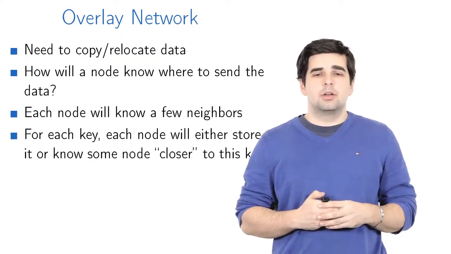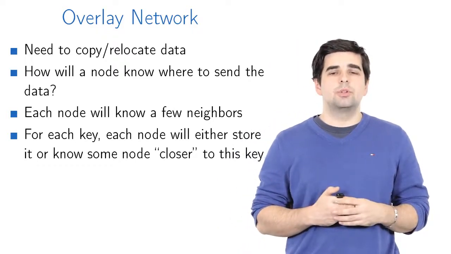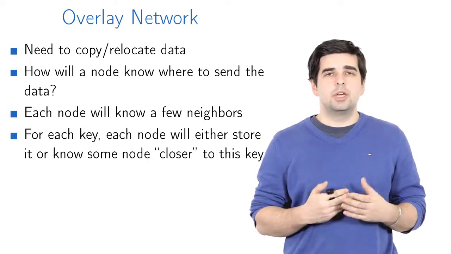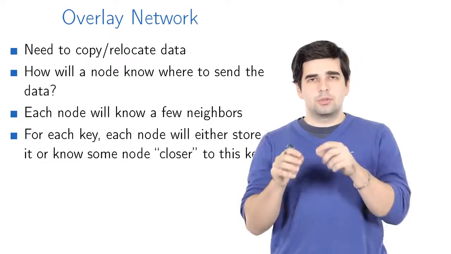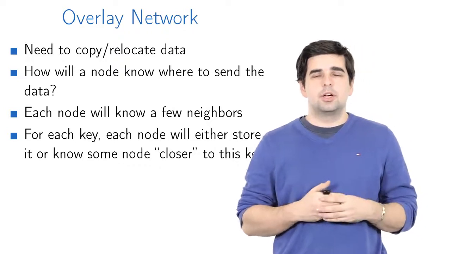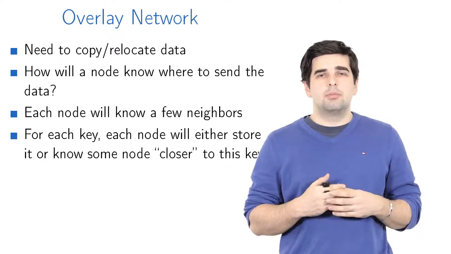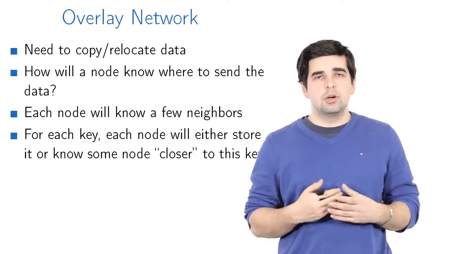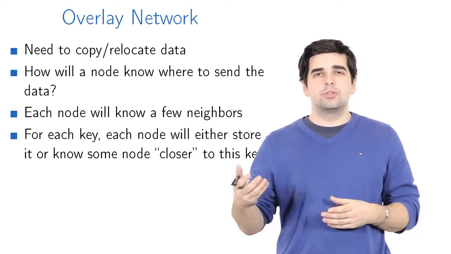And the rule is that for any key, each node will either store this key itself, or it will be acquainted, it will know some other computer which is closer to this key in terms of the distance on the circle. And that way, if a request comes to some node, any node in the network, about some key, it either can find this key inside its own storage, or it will redirect the request to another node which is closer to this key.